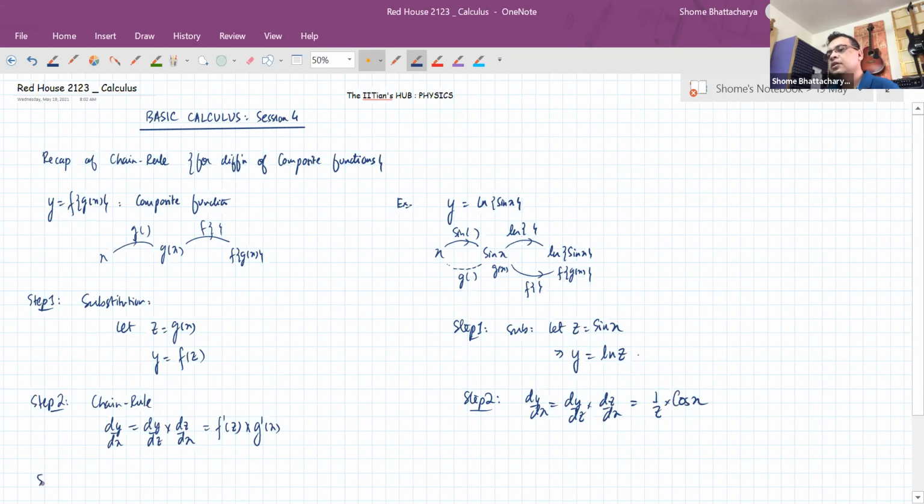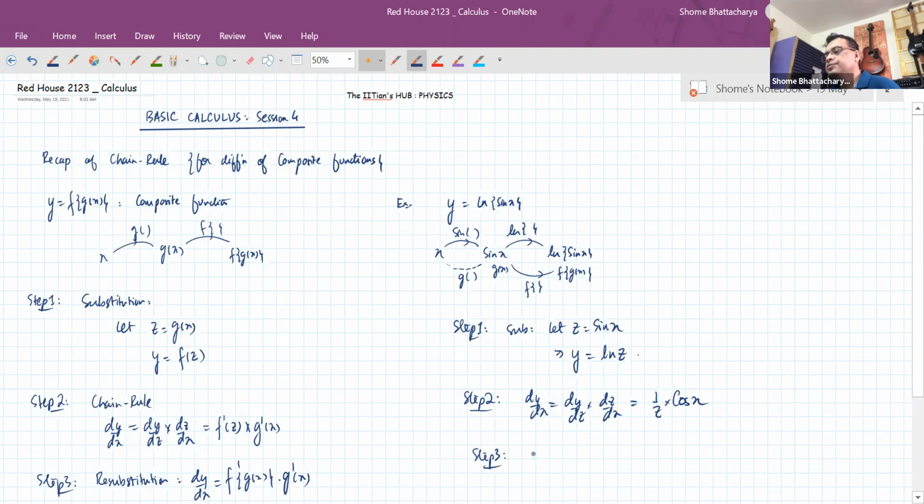And the final step, the resubstitution. So replace z with g of x. So this is what we get. Here, when we do the resubstitution, z will be substituted as sin x.